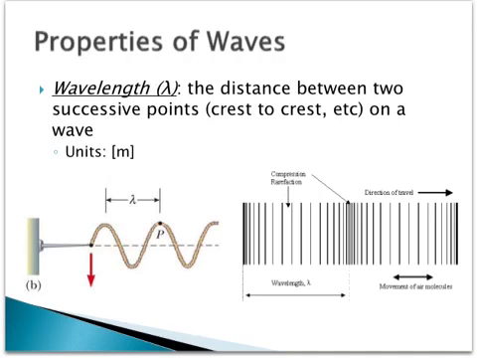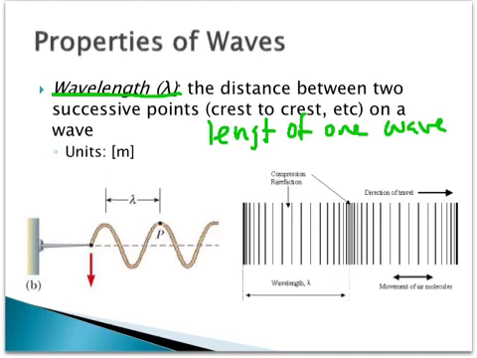And then the last property of the wave that I would like to talk about today is the wavelength. We didn't specifically talk about this in chapter 8 or 13, but wavelength is simply, think of the word, the length of one wave. Okay, so how do we measure that?